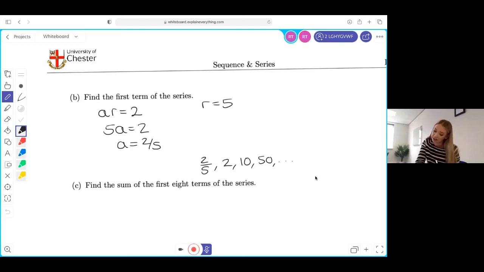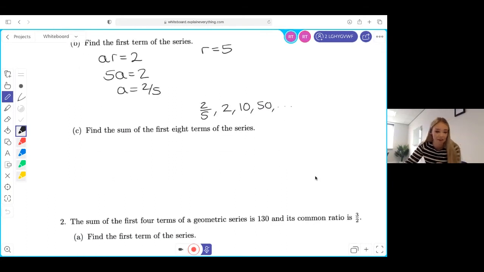So we're just going to look at the sum of the first 8 terms of the series. These are usually quite big numbers. We've already got 50 at our fourth term.